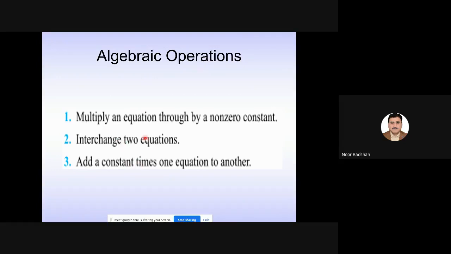So you can multiply an equation by a non-zero constant. You can interchange any two rows or columns depending upon whether you are going for row operations or column operations. So you can interchange any two rows if you are doing row operations, or any two columns if you are doing column operations. And you can add a multiple of one row to another row. I'm presuming that you know this. Anyway, if you don't know, these are the row operations.